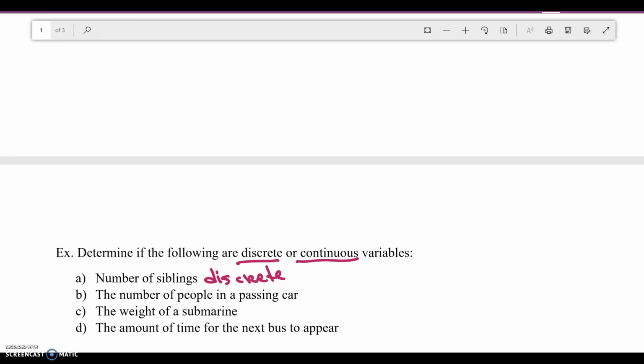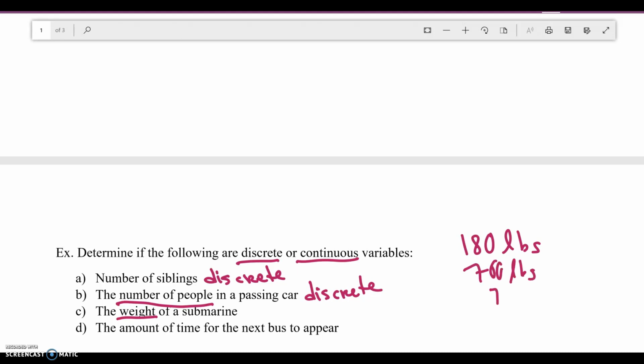The number of people in a passing car. Here we are modeling the number of people, so this would be discrete. The weight of a submarine. Well, the weight of a submarine can be 180 pounds, which is not too big of a submarine, 700 pounds, 1,000 pounds, or 1,180 pounds, but I can put a 0.5 in there.